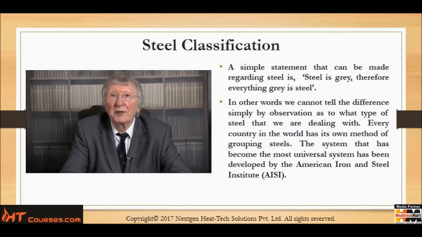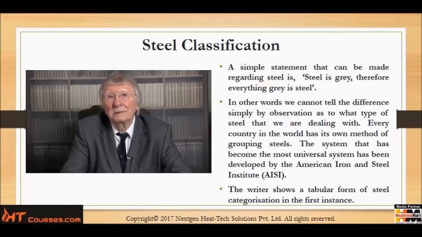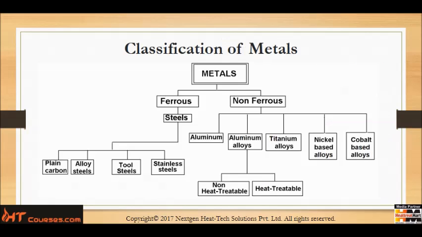Every country in the world has its own method of grouping steels. The system that has become known as the most universal has been developed by the American Iron and Steel Institute, known as AISI.